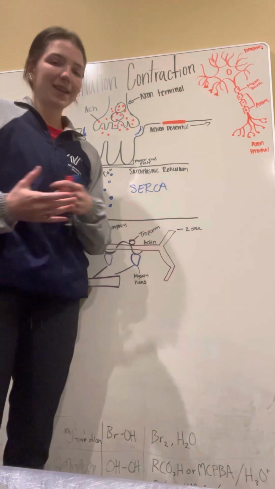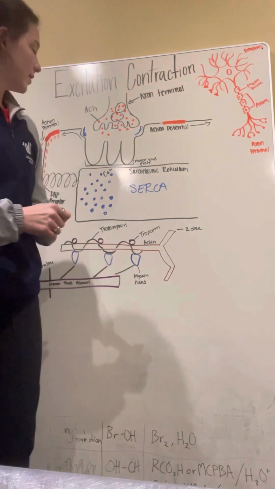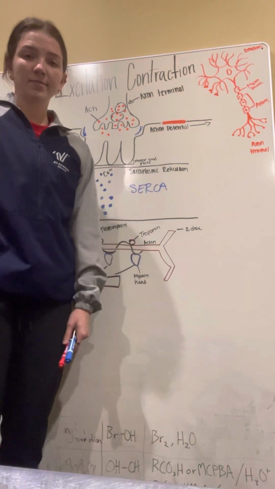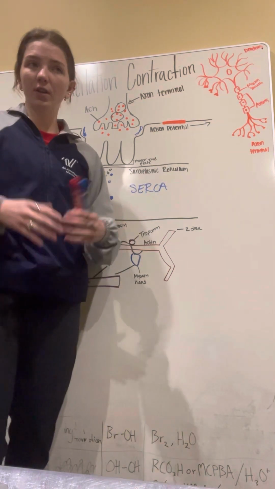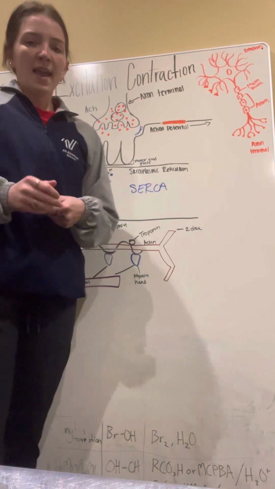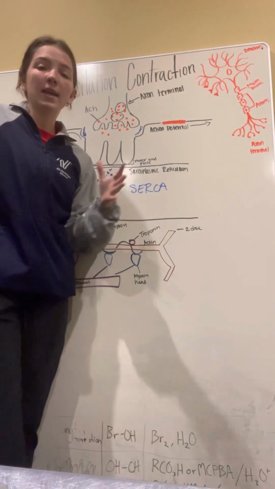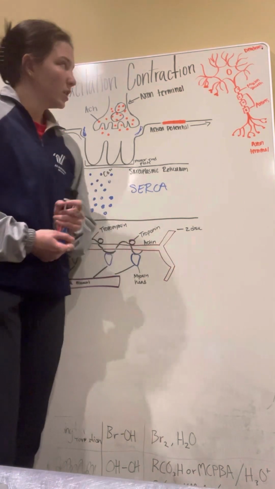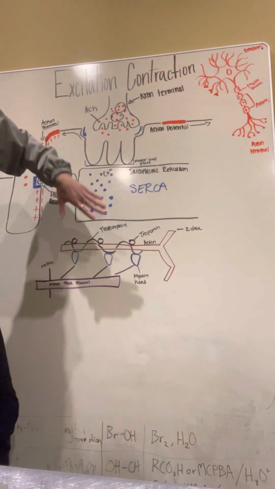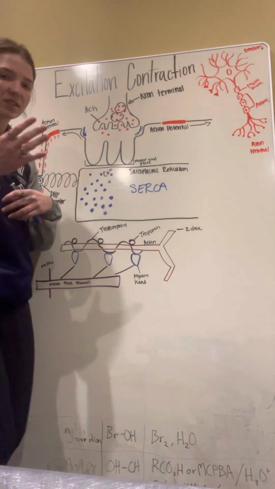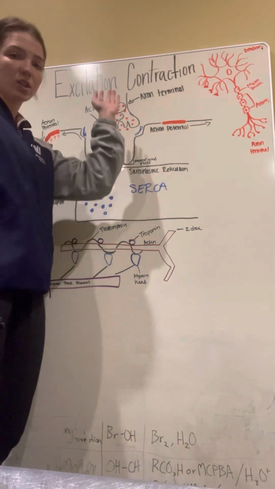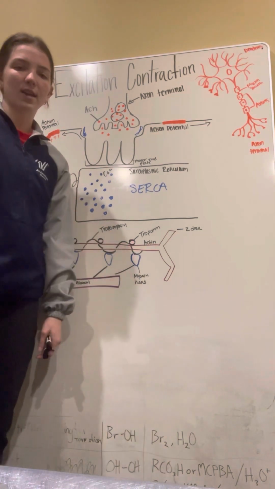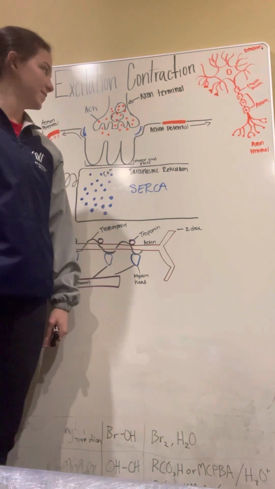And it ultimately ends with the neural cells saying, hey, stop. They're going to cease it, and that's going to happen at the NMJ, or the neuromuscular junction. So this right here is just a slight look into the excitation-contraction coupling and what it's going to look like in that cell and in your body. Thanks.